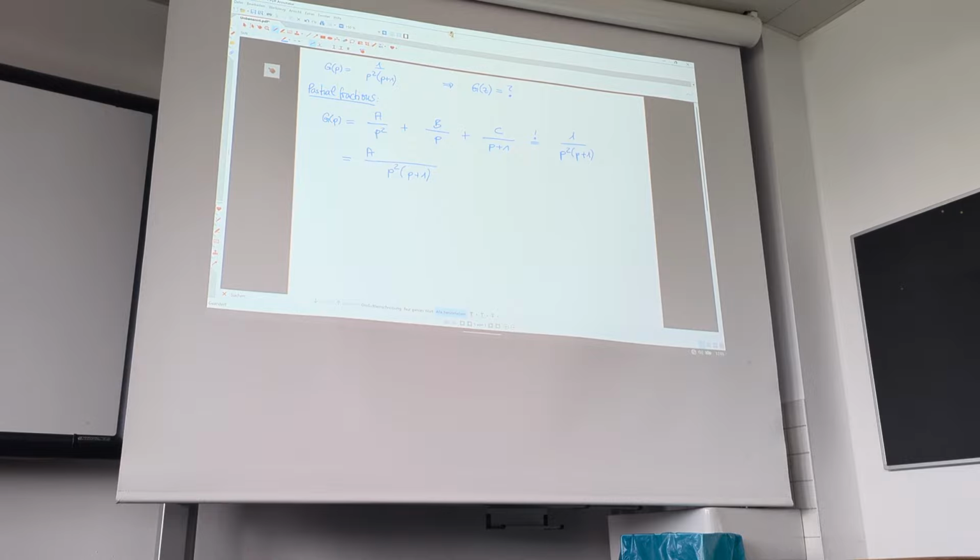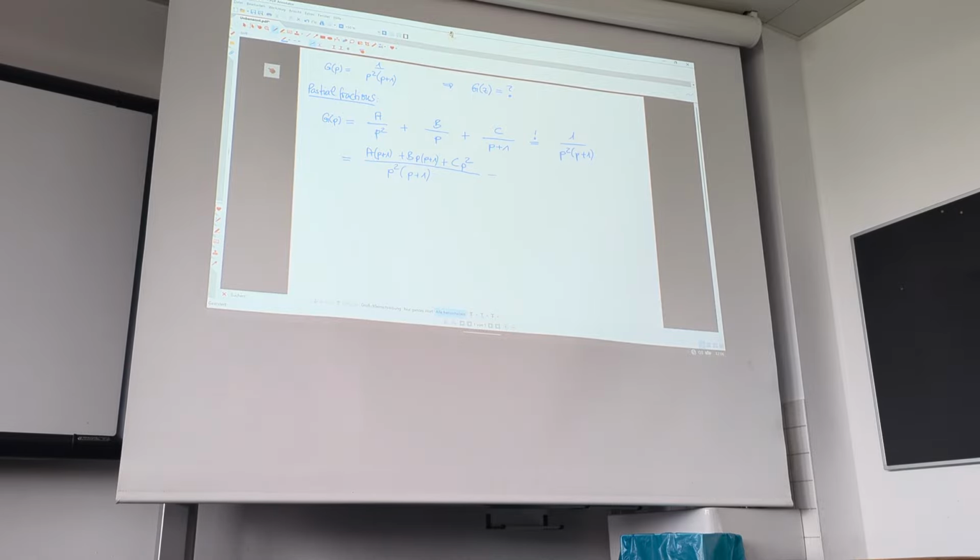We need the factor p plus 1, exactly, and then what do we have to do with b? We need p times p plus 1, and then c times p squared.